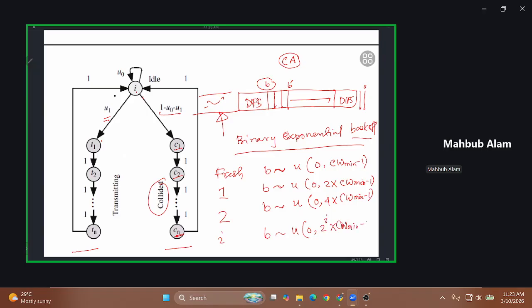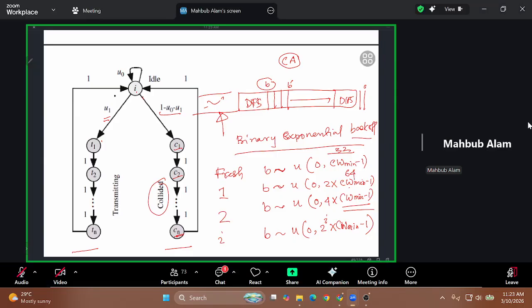minus 1. So the collision avoidance in the binary exponential backup mechanism is that each time a station experiences a collision, the backup window size is doubled. We start with the backup window size, say 32. Then after one collision, it becomes 32 times 2, which is 64. That means from 0 to 63.